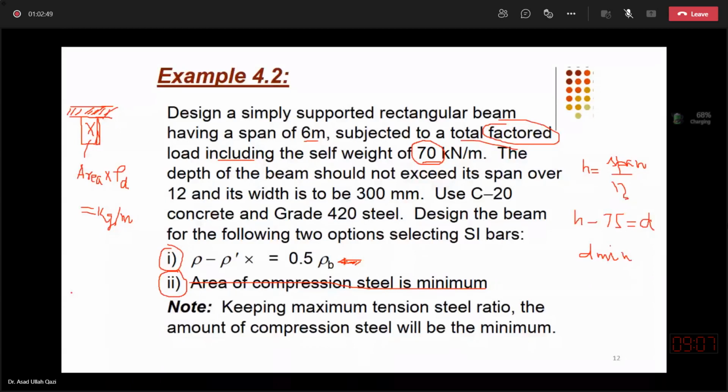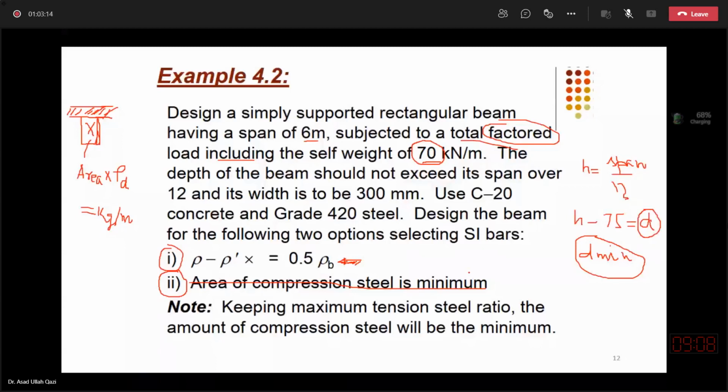But if the D minimum of singly comes out to be greater than my allowed depth, then I will be in trouble because it means I am getting into the unpreferred domains if I still go singly, or otherwise I should go for the doubly beam.